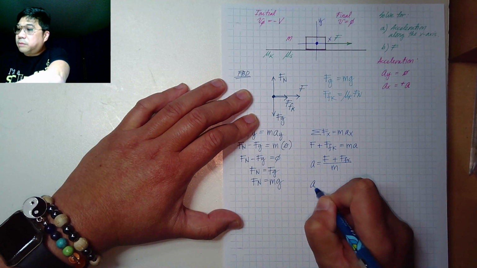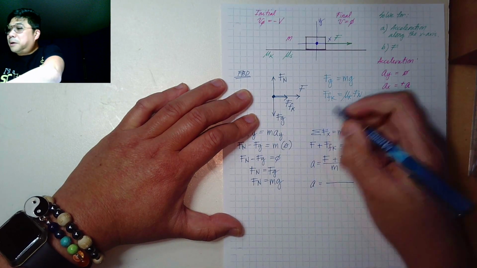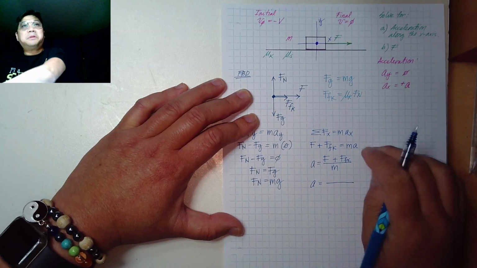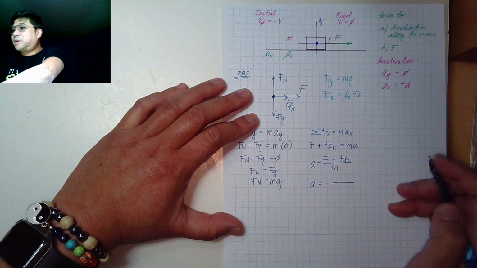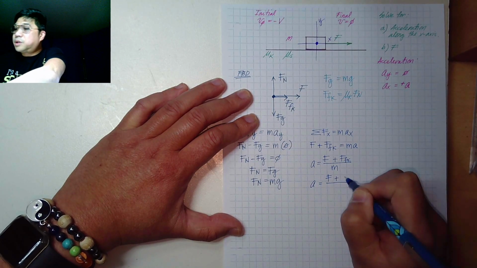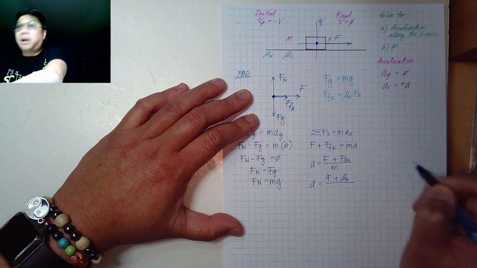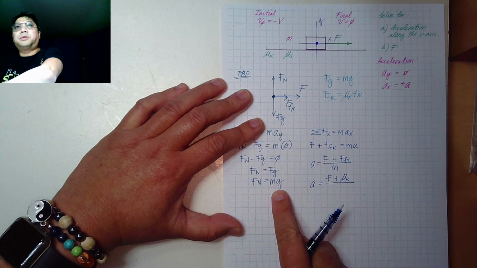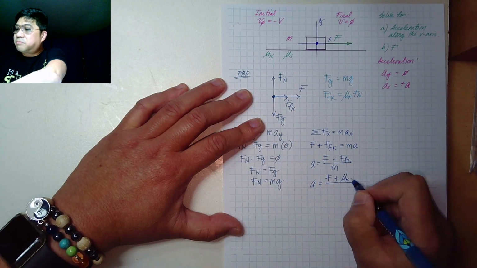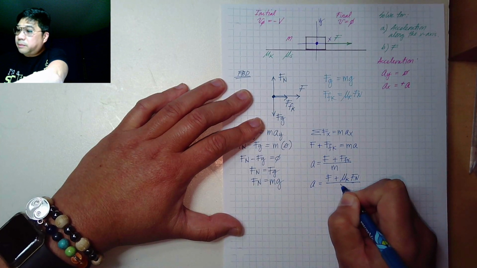Now we can further simplify this by replacing the value of force of friction, which is the coefficient of kinetic friction multiplied by the normal force, and we all know that the normal force is mg. You know what, let me just put the step-by-step process so that you don't skip anything.